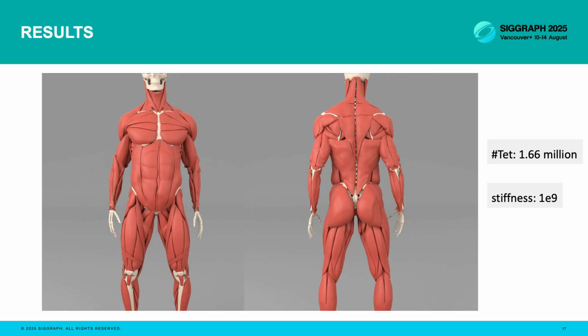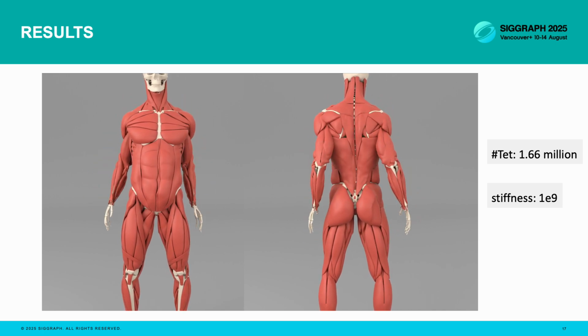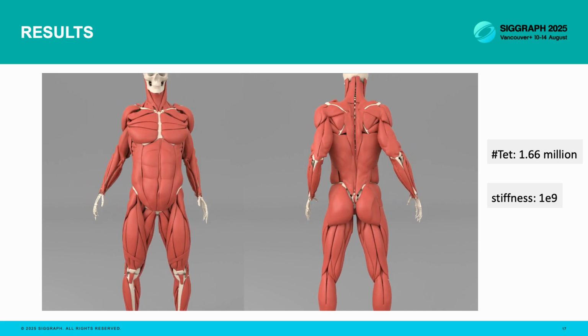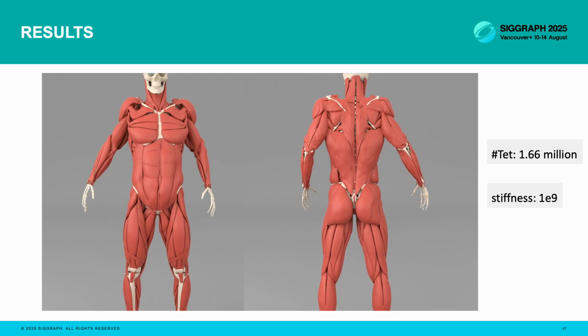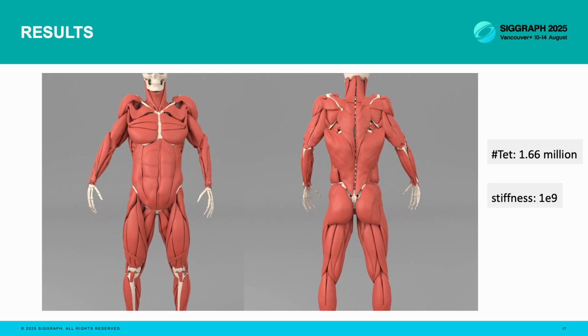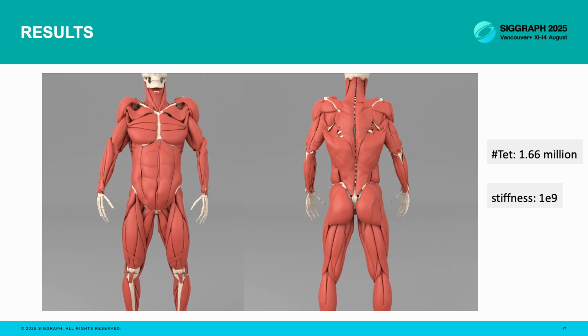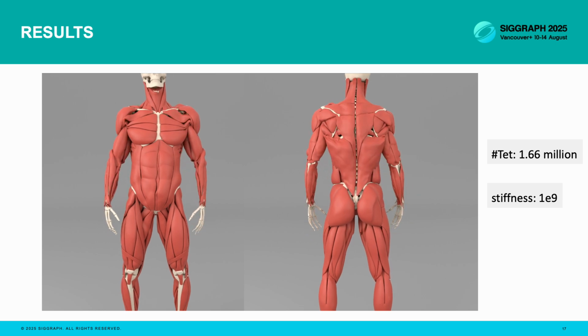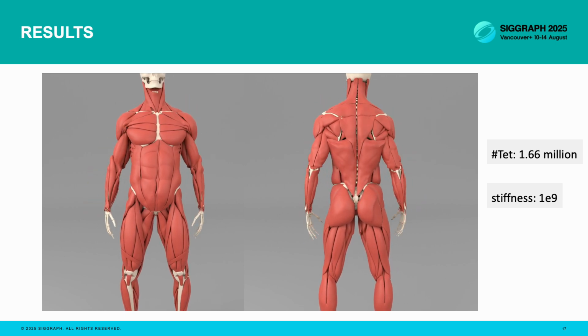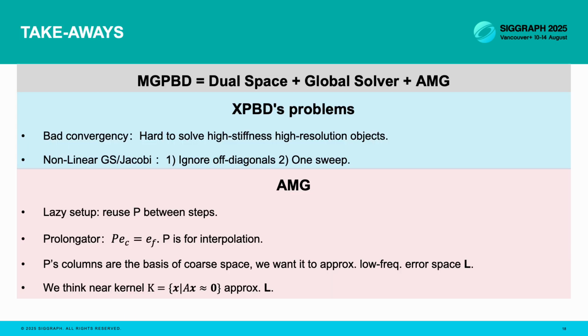This is the final result of our human muscle simulation with 1.66 million tetrahedrons and 10 to the power of 9 stiffness. We set 20 iterations and it takes about 40 seconds per frame.